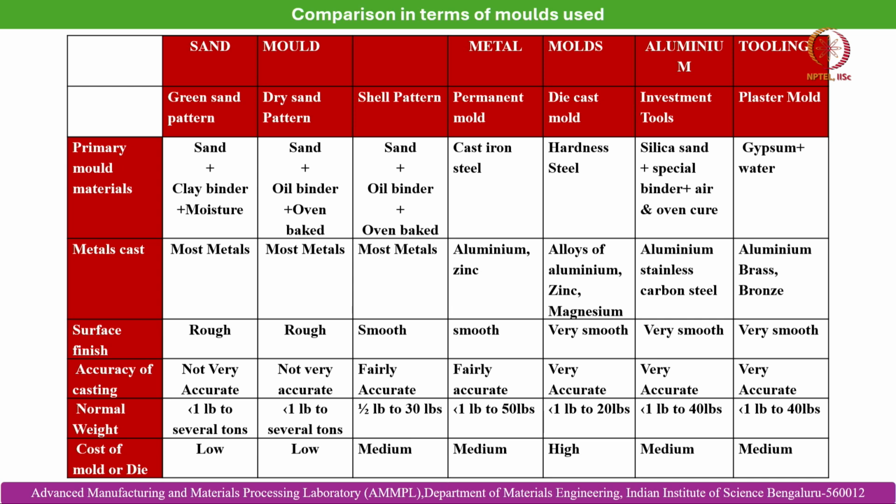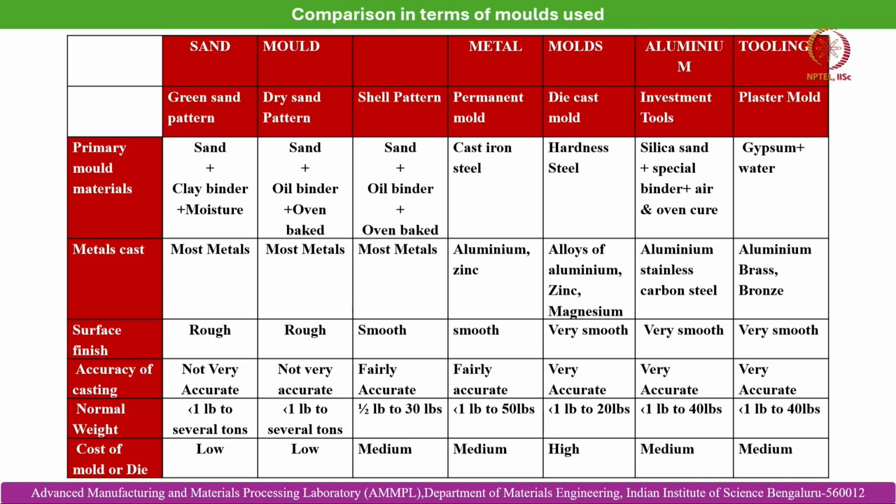For example, in sand casting there is no tooling cost at all, and when we are using permanent mold casting out of, say, aluminum, it is much easier to machine because it is a ductile material. However, when we are using die steel or high strength steel as the die or mold material, the machining cost also increases accordingly.